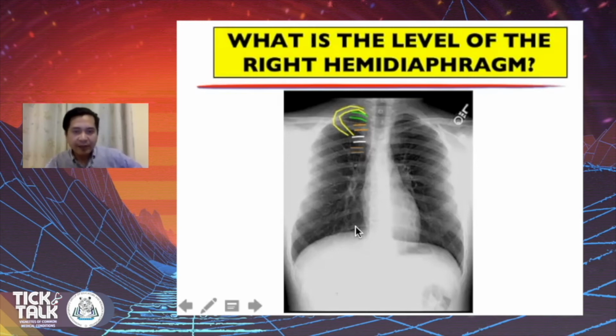An acceptable finding on chest X-ray is if we are able to count 8 to 10 ribs. More than that, there's most likely hyperinflation or air trapping, and less than that, there may be hypoaeration or the patient was not inspiring properly. And we also take note that the right hemidiaphragm is higher than the left.